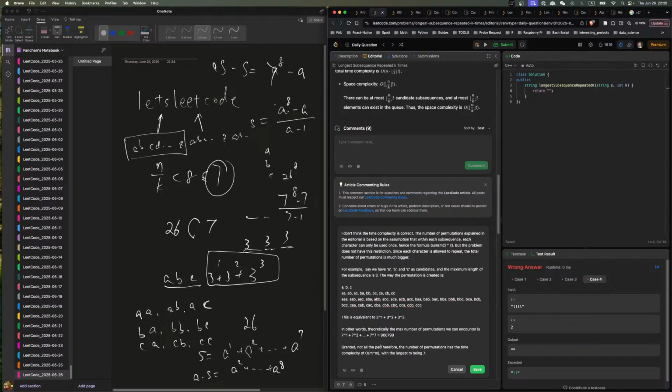Not all the permutations will be encountered, but it should have this complexity.